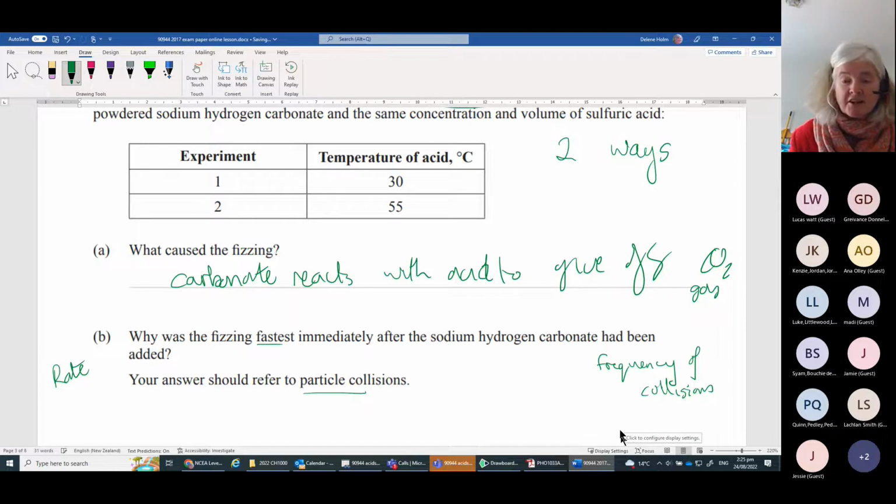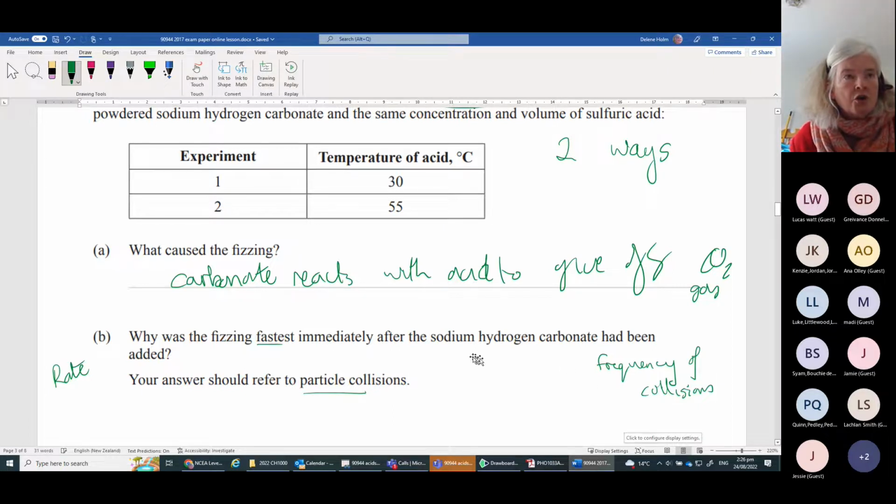But if I then said, oh, but I meant the one on my left had 10 collisions in a year, whereas the one on my right had 2 collisions a week, which one would you now say is the most dangerous? So per second or per time period is really important when you're talking about rates. Don't just say more collisions, because that's too vague.